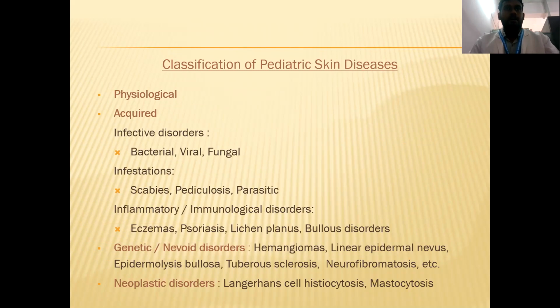Coming to the classification of various pediatric skin diseases, some skin diseases are physiological; they can happen without any underlying disease, and some are acquired, such as infective disorders or infestations, inflammatory dermatoses, some genetic disorders, and also neoplastic disorders.